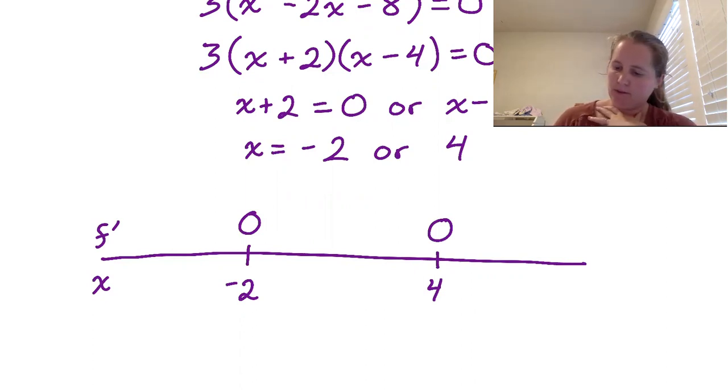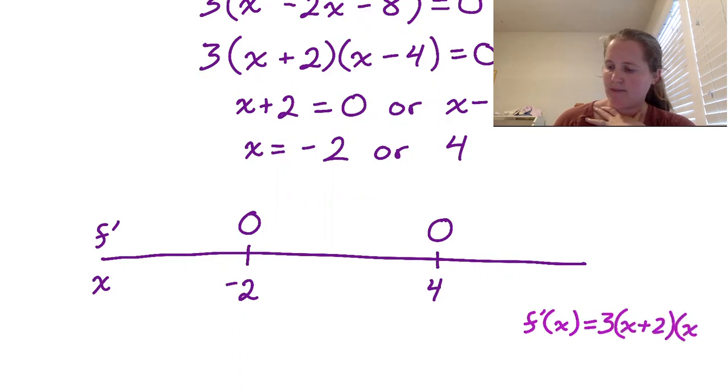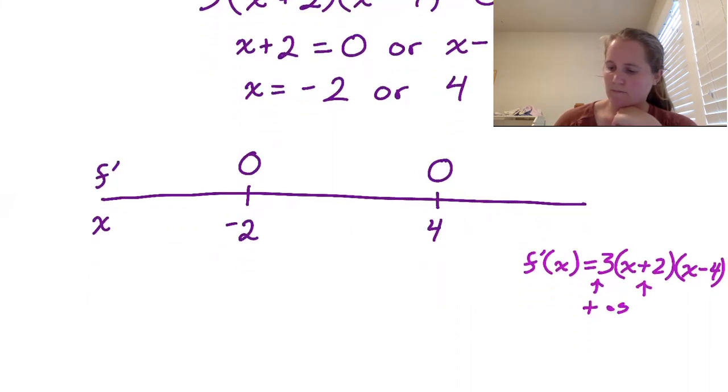Keep in mind that our derivative was 3 times x plus 2 times x minus 4. 3 is always positive. X plus 2 will switch at negative 2. And x minus 4 will switch at 4.